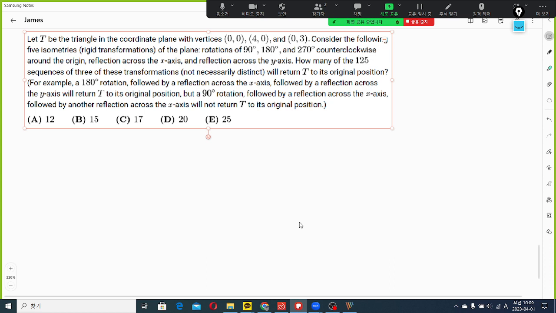The first 3 are rotations, and the last 2 are reflections. We are going to use 3 transformations out of these 5, and then we want to find the number of cases when the triangle goes back to the original position.